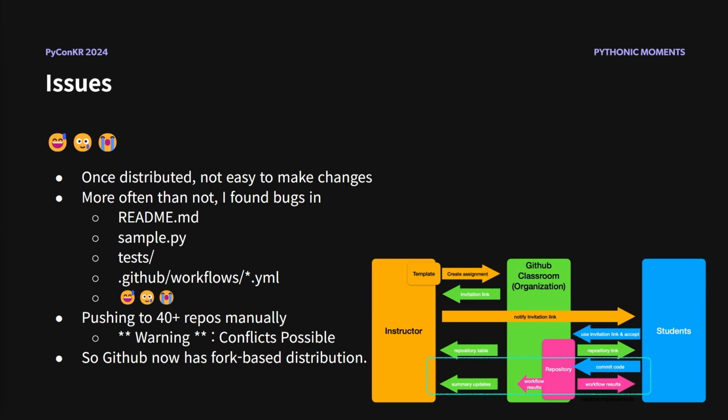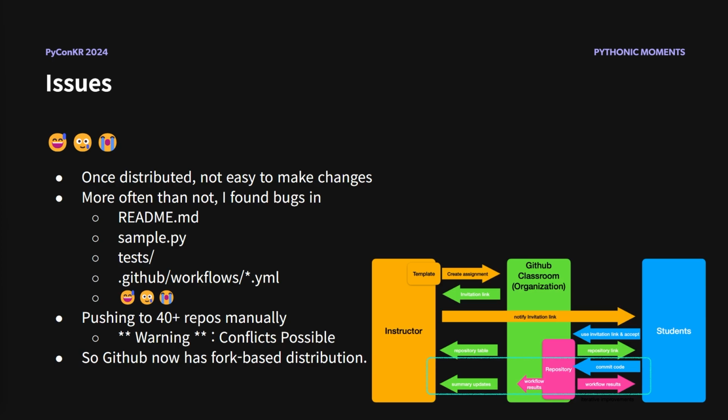But once the links are distributed, if I find out that I wrote something incorrect about the assignment in the readme.md, or if I have missed some modules in the sample.py file, or my test files were running some incorrect tests, I sometimes have to make more than 40 repository pushes manually, and of course, sometimes conflicts were possible.